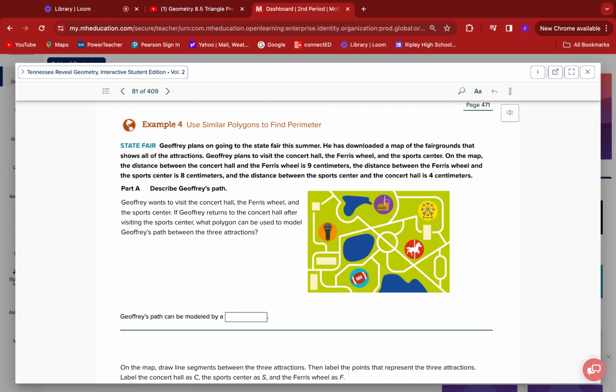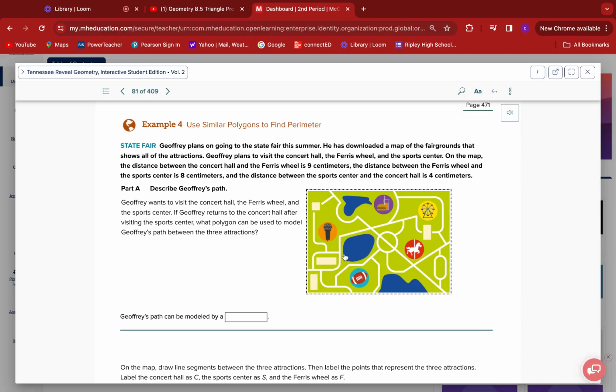All right, example 4. We got it from the perimeter. Jeffrey plans on going to the state fair this summer. He has downloaded a map of the fairgrounds that shows all of the attractions. Jeffrey plans to visit the concert hall, right there, the Ferris wheel, and then the sports center.